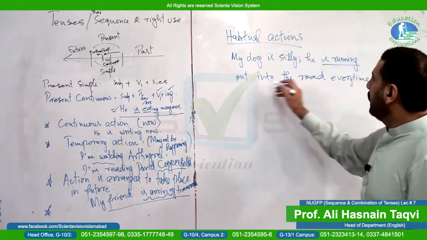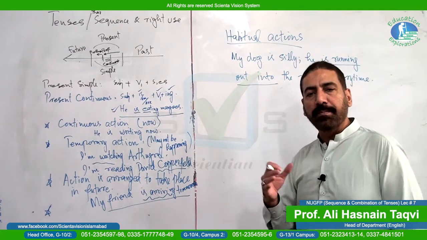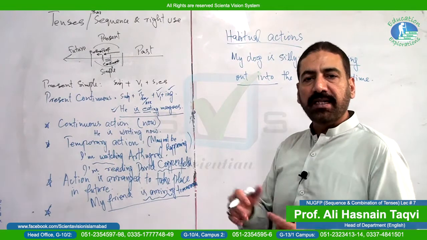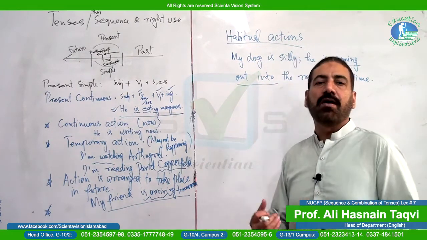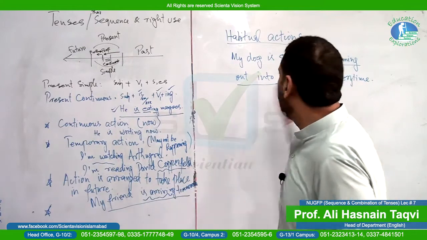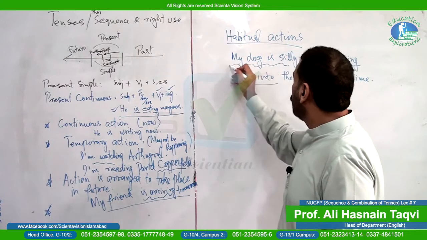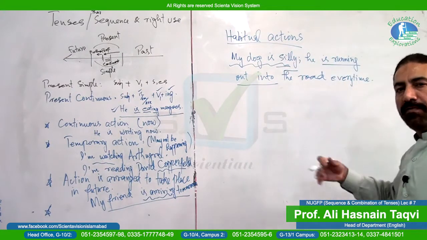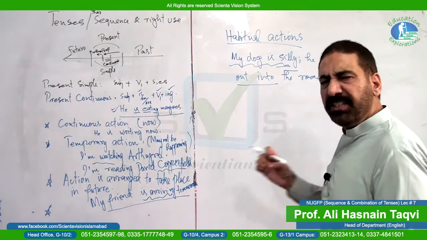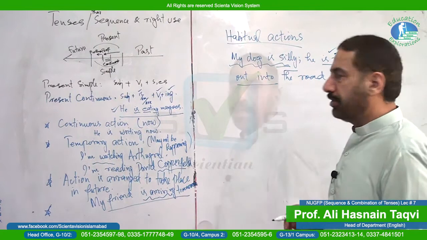See, he is running out into the road, this has given an added shade to our meaning. That means that this dog, despite training, is not learning the art. It is a habitual action. It could have been said, he runs out, but in this case, where you are highlighting a situation and showing a habit of a determined and obstinate kind, your preferable choice should be present continuous.